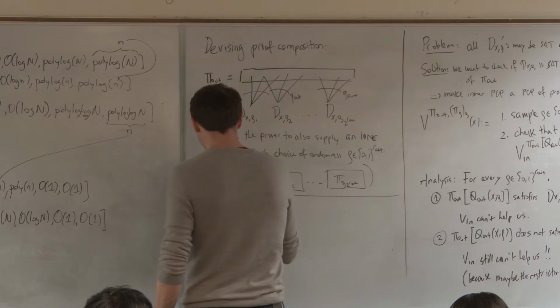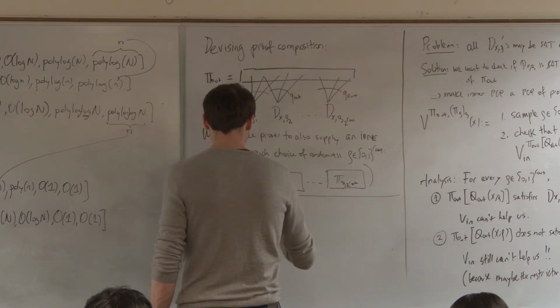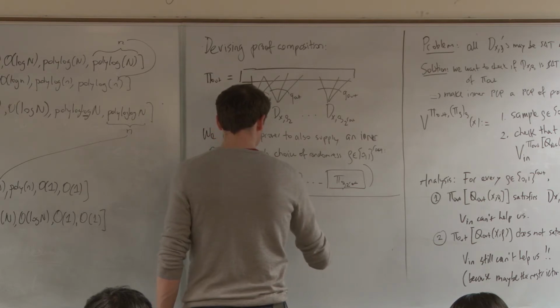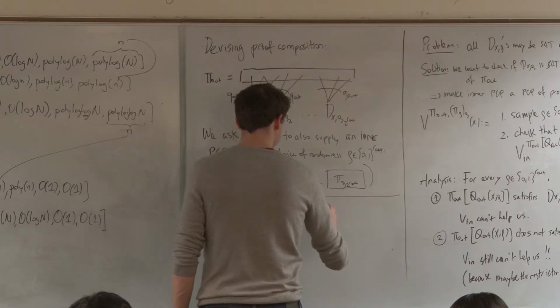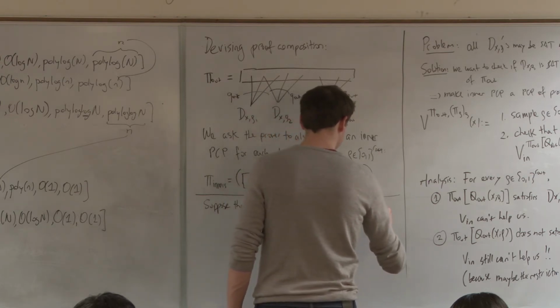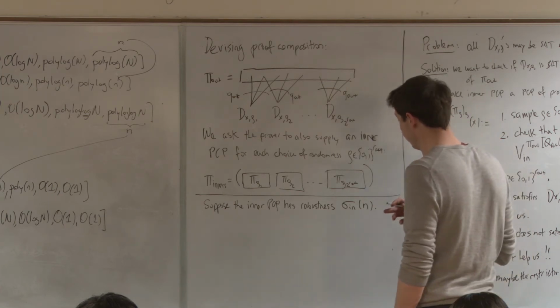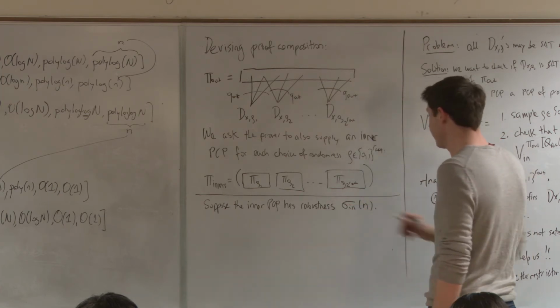Okay, suppose the inner PCP has robustness sigma in. Okay, we already know it's a PCP of proximity, it has proximity delta in, but suppose it also has robustness sigma in.